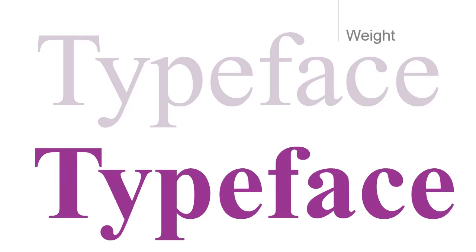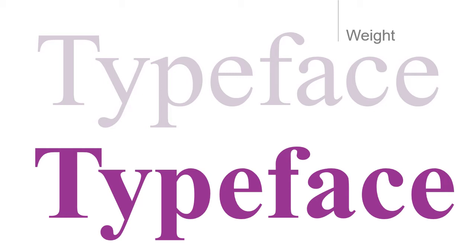Weight, when we talk about the weight of a typeface, we're talking about basically the line thickness. So a very familiar weight of typeface would be bold. Most typefaces have a Roman or regular or medium as their standard face weight. And then you could have something a little bit thicker or heavier.